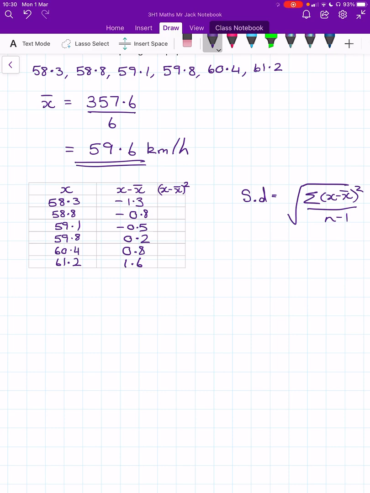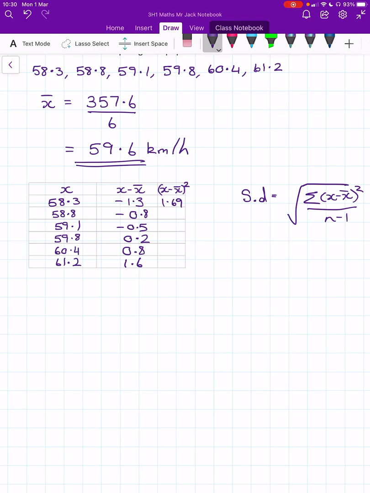Right, last bit, x minus x bar squared. Remember, this column is where we don't have any negatives. So we're going to take all these values and we're going to square them into this column. So negative 1.3 times negative 1.3 is 1.69.